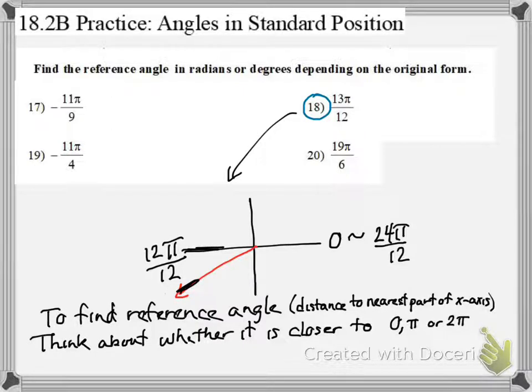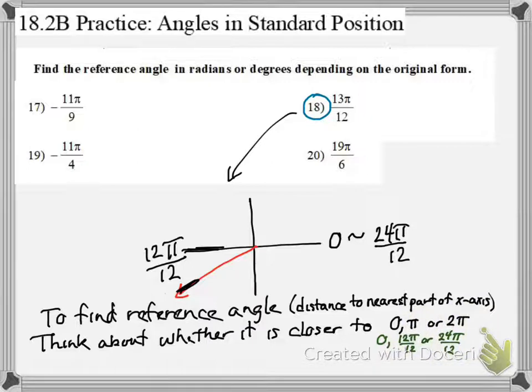In this case, I'm saying, is it closer to 0 or to 12 pi over 12 or to 24 pi over 12? Because this means the same thing, just in a different format, and this means the same thing, just in a different format.